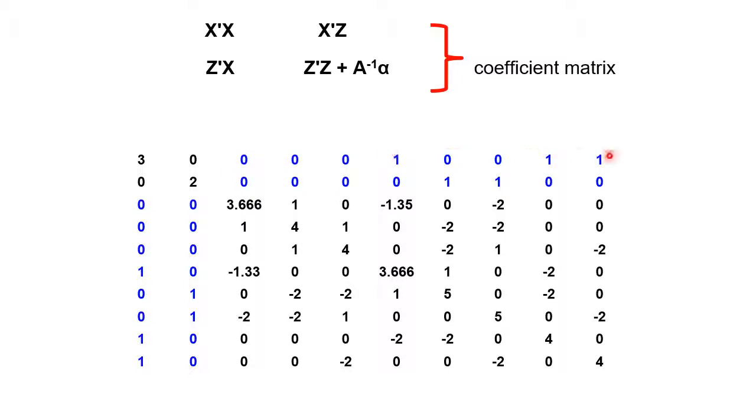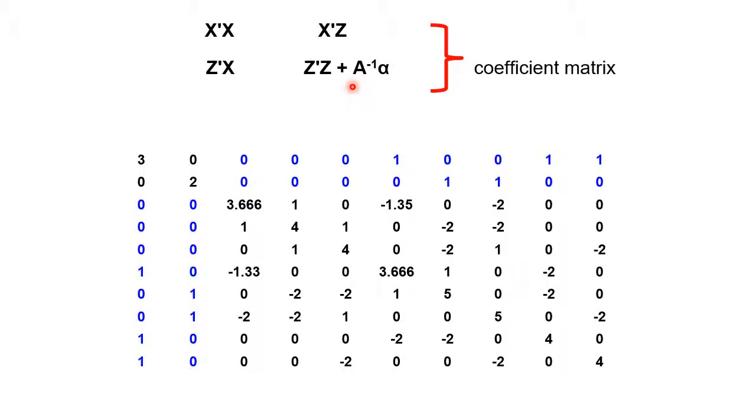So X prime Z, Z prime X are transposes of each other, and then we first constructed Z prime Z, where we had ones on the diagonal for those animals with recordings, and zeros on the diagonal for those animals that did not have recordings. We constructed A, which on the diagonal gave us ones, which means the relationship of an animal with itself.